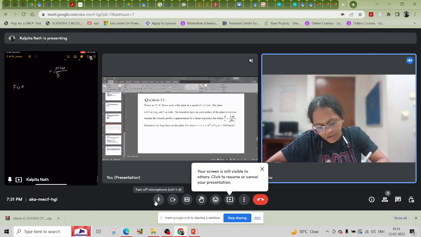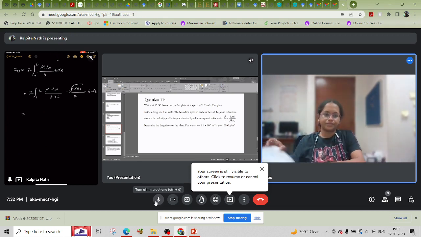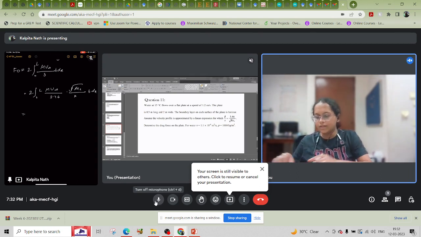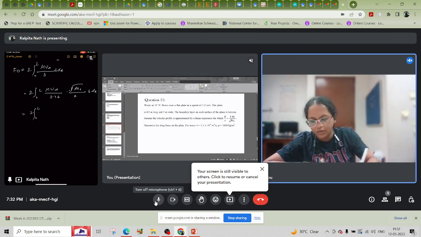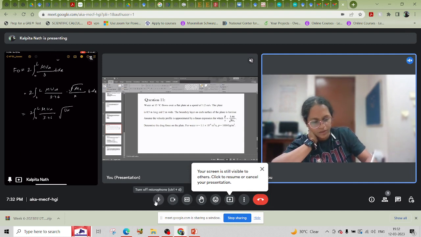So the drag force is 2 times the integral from 0 to L of mu u infinity by delta b dx, which is equal to 2 times the integral from 0 to L of mu u infinity by 3.46 root over Reynolds number by x, times b dx.